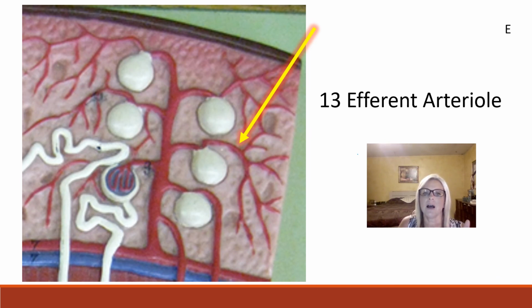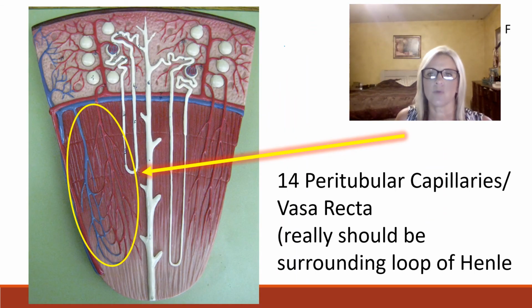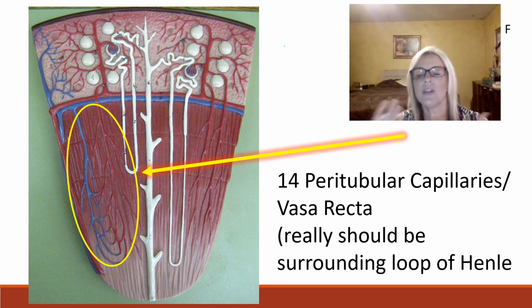It's leading away, so it's exiting. So here we have the vasa recta, sometimes called the peritubular capillary. So peri meaning around, and tubular meaning tube, and of course they're capillaries. And so even the name tells you that it should be around the tube, okay? But this is the way this particular model shows the vasa recta.